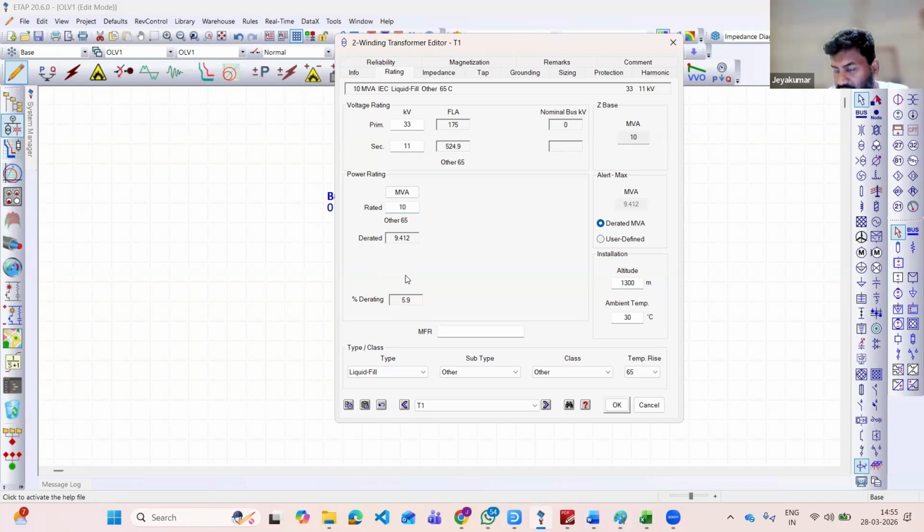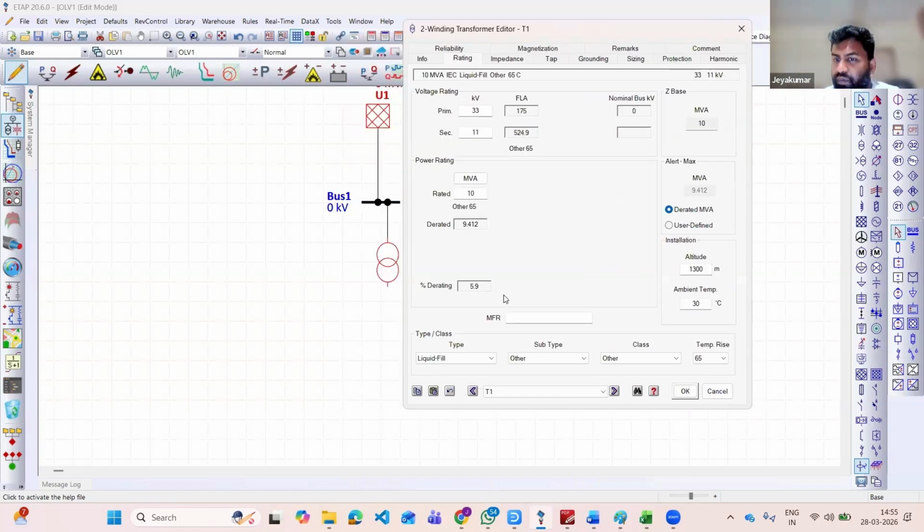So you have to be careful depending upon the project site, and you have to specify it. Even in your single line diagram you have to specify those data, or while preparing the transformer data sheet you have to specify those very clearly, so that the manufacturer will consider those facts. Okay, so that is very important.